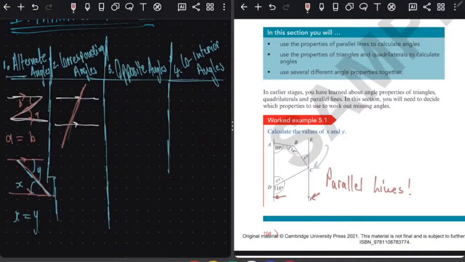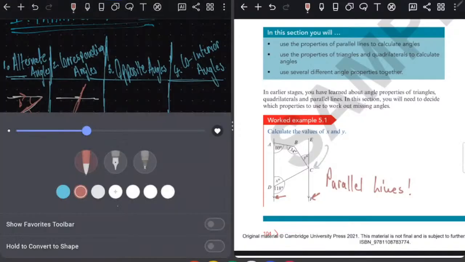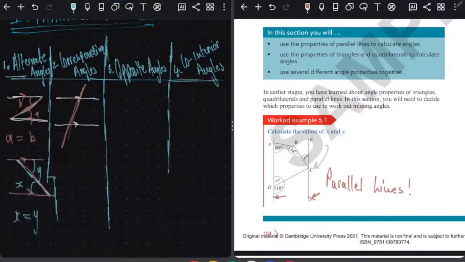Can you see? The line is passing. Now, once that line is passing, it can make the letter F. This one, which I'm putting in blue. Make sure it's on parallel lines. You can now see the letter F. This one and this angle are inside your letter F.